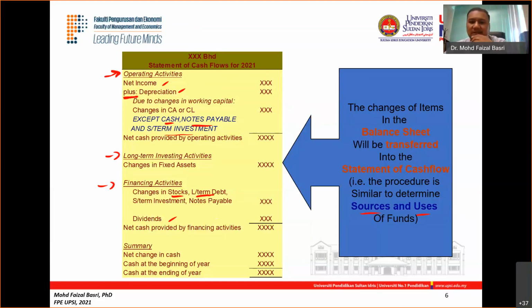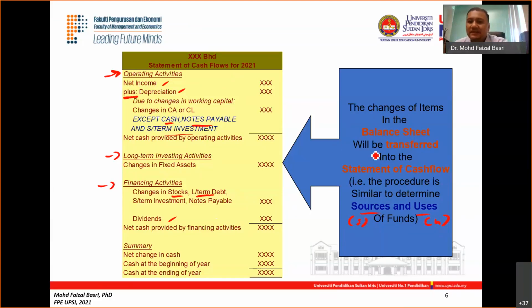Sources and uses is a process of determining based on changes, and we label the changes either as sources or uses. In short, I will later label them S or U, sources and uses.